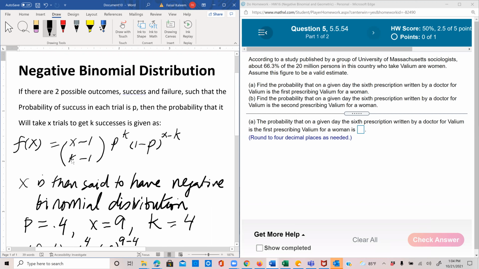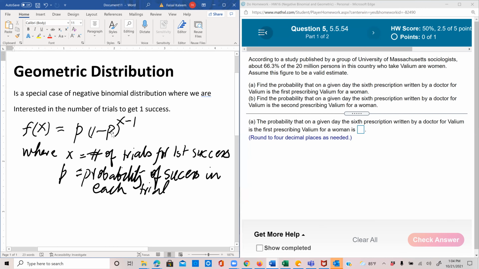If you substitute k is equal to 1 here, this becomes x minus 1 combination 0, and anything combination 0 is 1. So that's why this term is gone, and k is 1. So this becomes p power 1, and this becomes 1 minus p power x minus 1. And that's exactly what the geometric distribution formula is, p times 1 minus p to the x minus 1. If you go back, p times 1 minus p to the x minus 1.